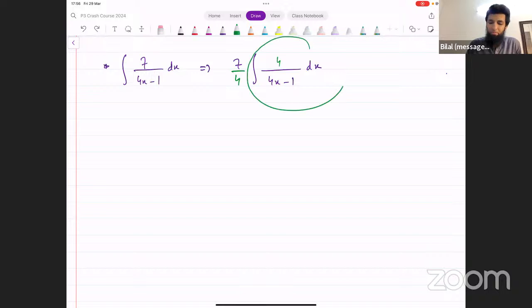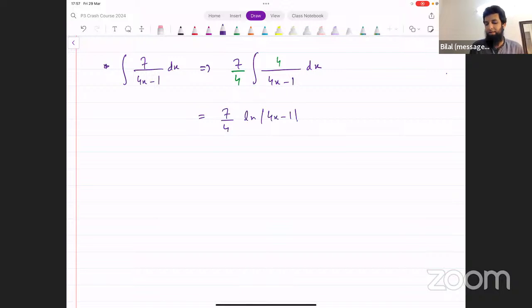Now, the expression inside the integral follows that condition. Numerator is the derivative of the denominator. So the result is going to be 7 over 4 into ln of 4x minus 1. That is the integral that you get from this. Make sense?